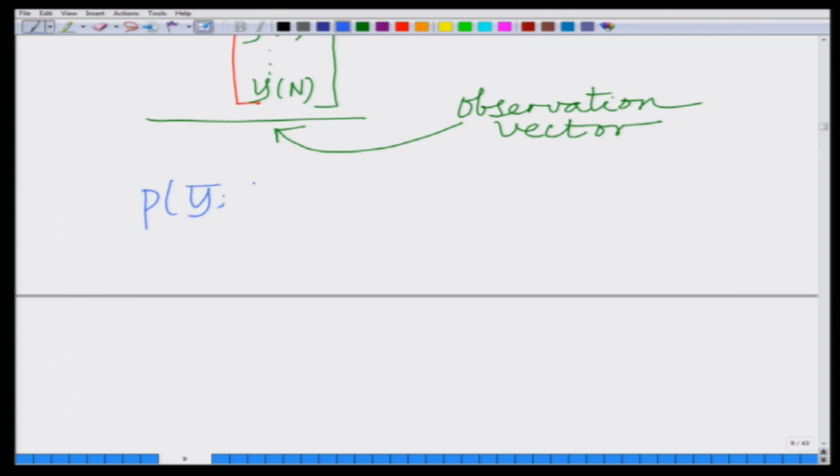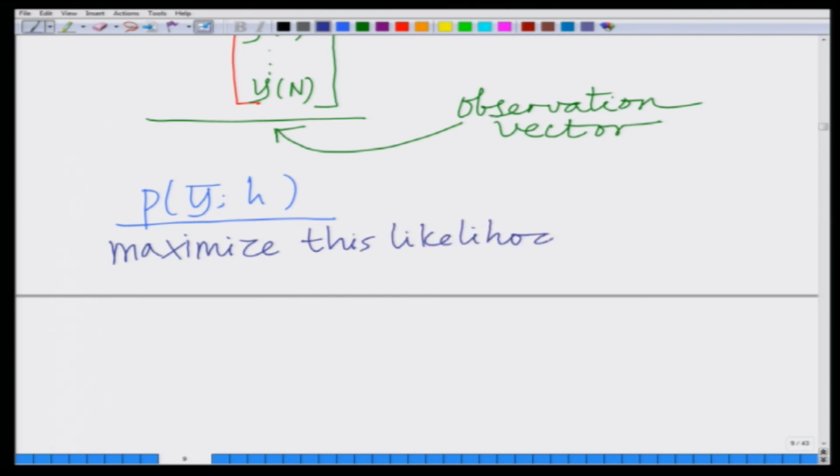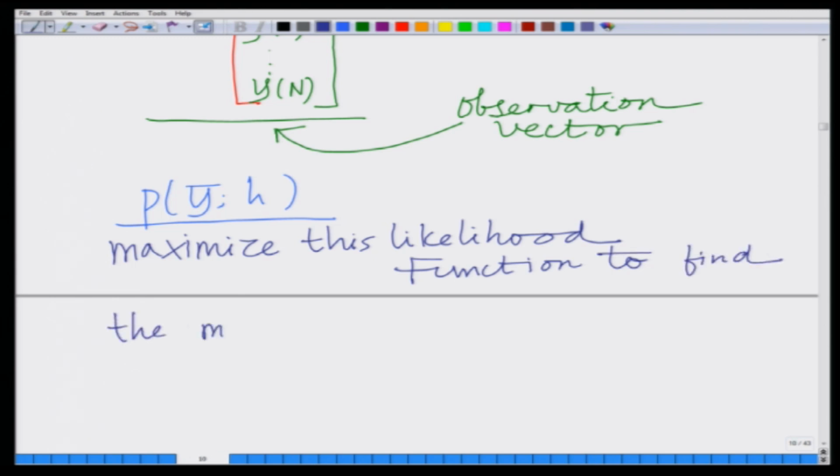P of y bar; h is your likelihood function. What we would like to do is maximize this likelihood function to find the estimate which is termed as the maximum likelihood estimate.